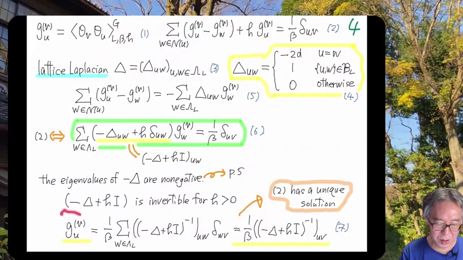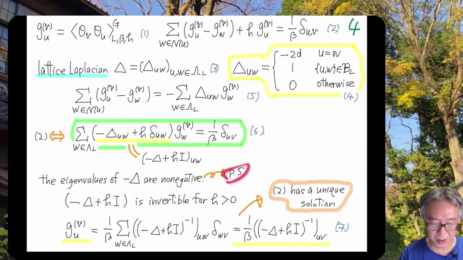And so if this is invertible, then you can easily solve this and find that there's a unique solution for this. And actually, this is invertible because I will show in the next page that this matrix minus delta is positive semi-definite, or the eigenvalues of this matrix minus delta are all non-negative.